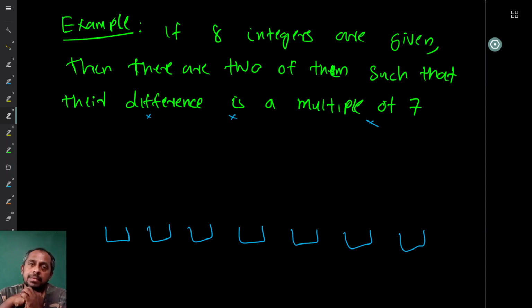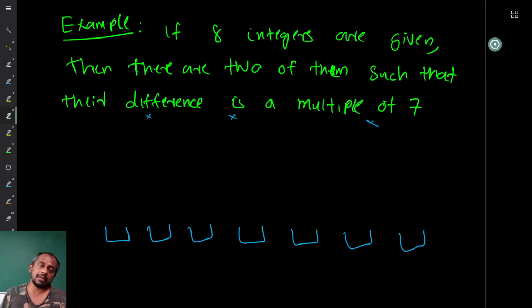Now when you talk about divisibility, what comes to mind is that if something is divisible, then the remainder is 0, right? So then you get an idea that okay, we have to show the remainder is 0 for the difference of two numbers.